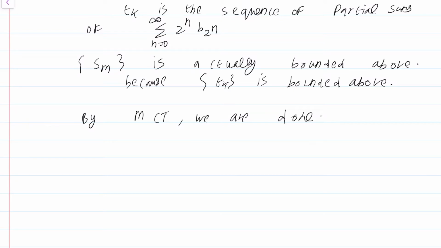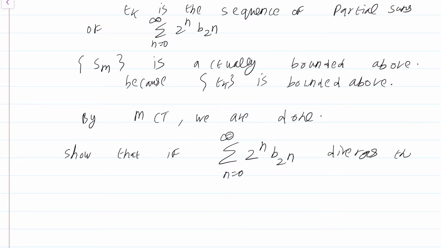Show that if summation 2 power n b 2 power n equals 0 to infinity diverges, then so does summation n equals 1 to infinity bn.